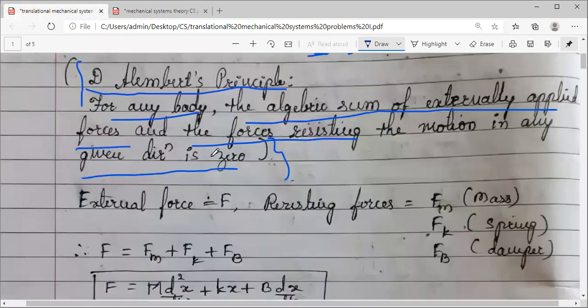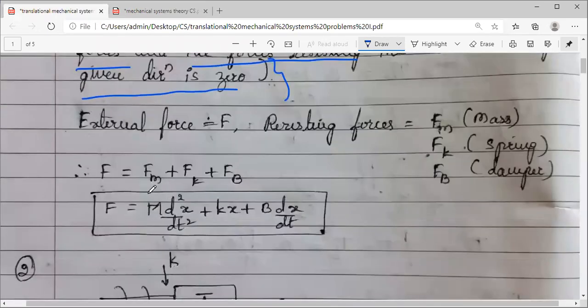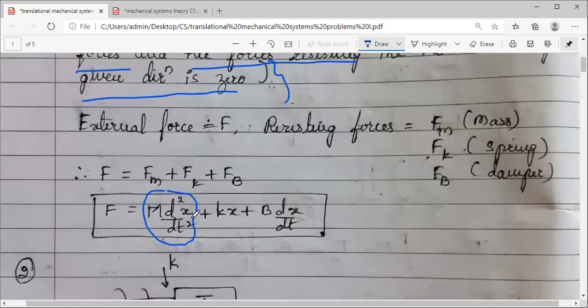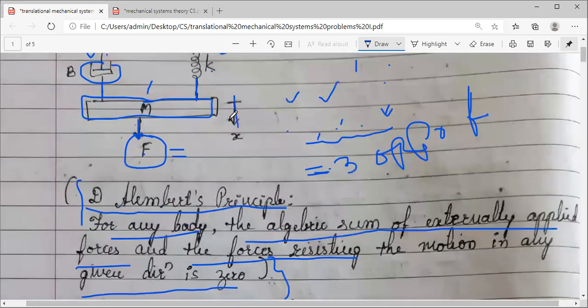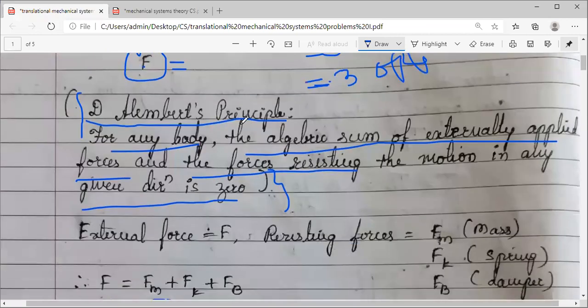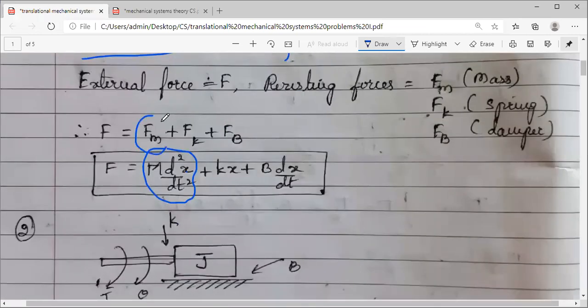X indicates your displacement. The displacement will be in the same direction as the applied force. This is the first force, the opposing force due to the mass M, which I have written as M d by dt square of x.